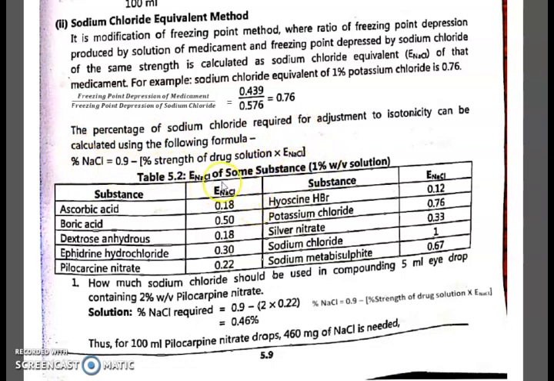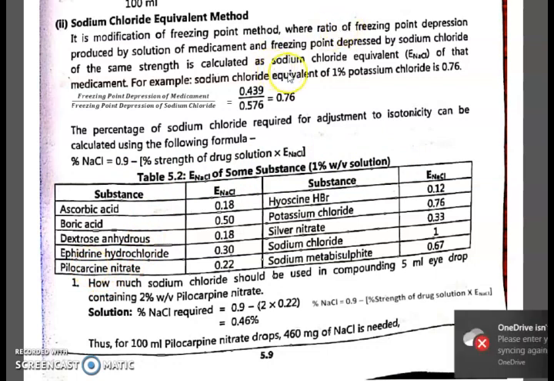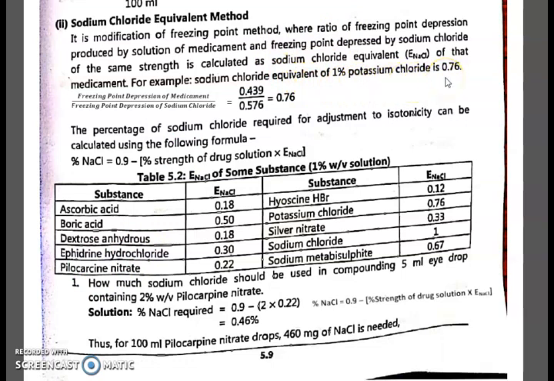ENaCl values of 1% weight by volume solution of some drug substances are mentioned in this table. As we have calculated, the ENaCl value of potassium chloride, that is 0.76, is mentioned in this table. So, we can directly use this ENaCl value for calculation purposes.